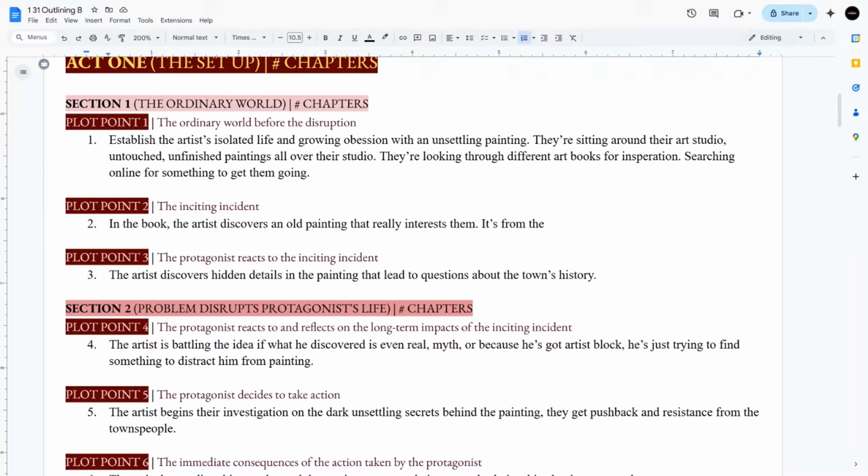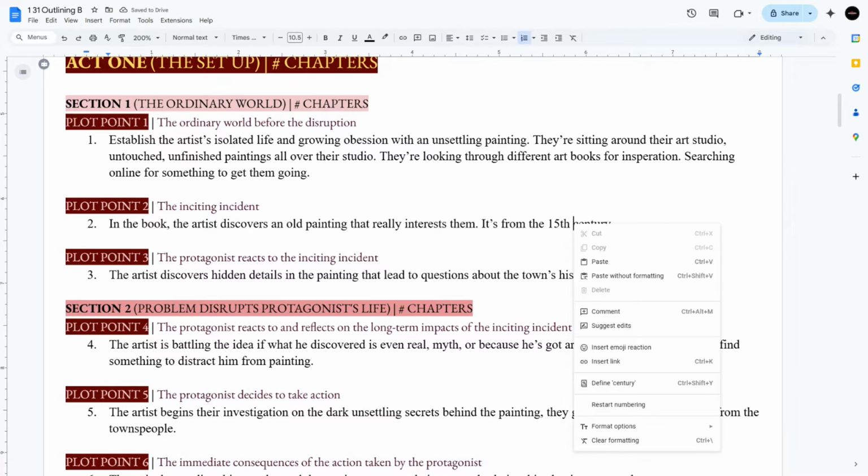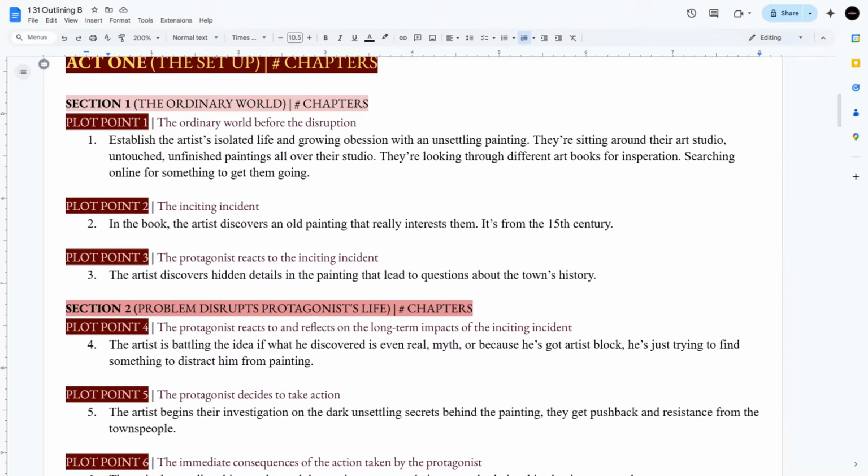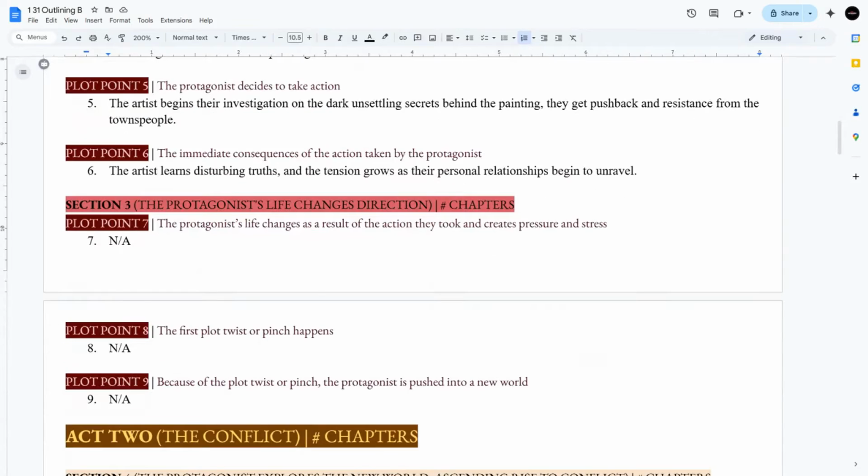All right, so we'll say it's from the 15th century. Can you say that? 15th century? Excellent. The artist discovers the hidden details, blah, blah, blah. Right? Life changes as a result.